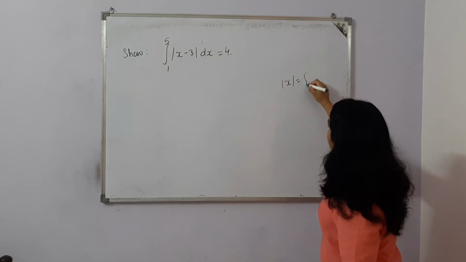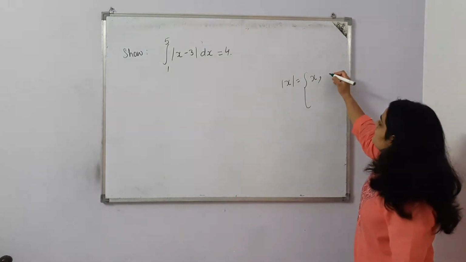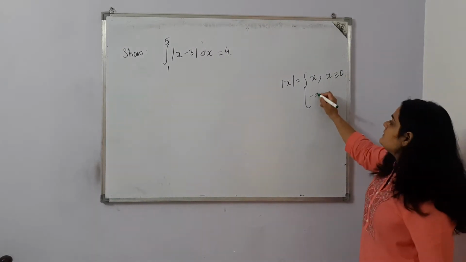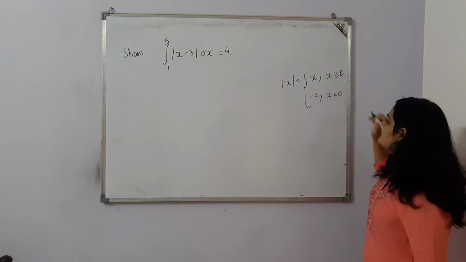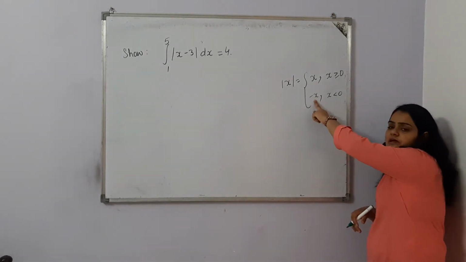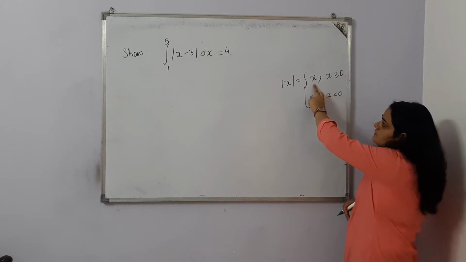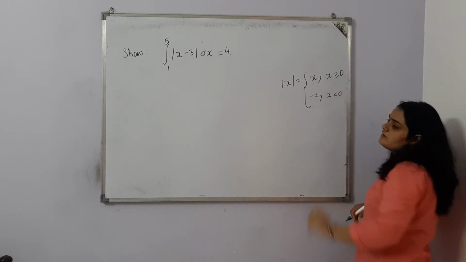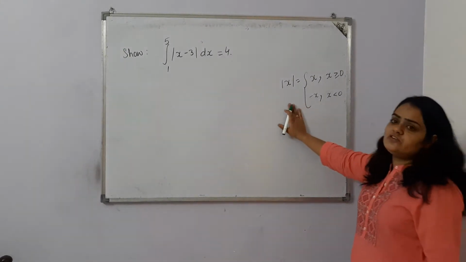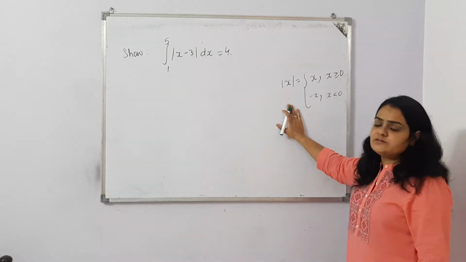If modulus x is given, then its definition is: it is positive x whenever x is greater than or equal to 0, and it is negative x whenever x is less than 0. So whenever x is negative, we write the function as minus x, and whenever x is positive or equal to 0, we write the function as x. This is the definition of modulus that you already did in 11th class.